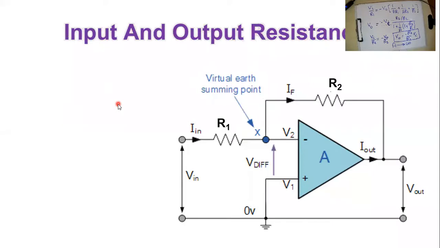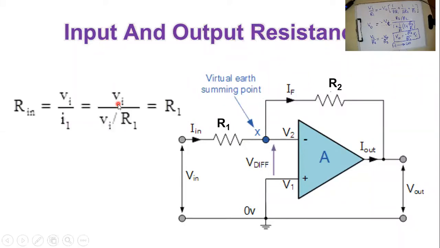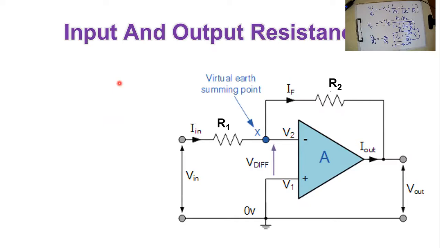Now, let's go to another case where we are interested in calculating the input resistance and the output resistance. Herein, I will consider again that the input impedance for the operational amplifier is infinity, and the output impedance for the operational amplifier is infinity.